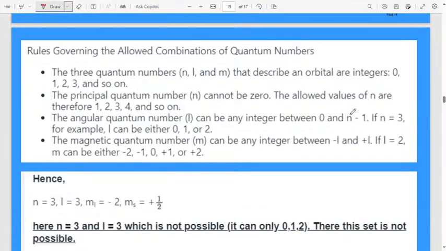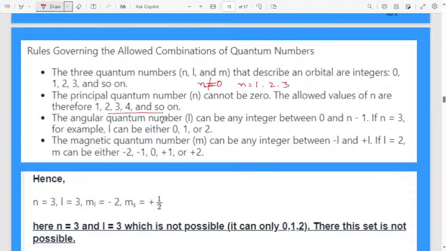Then next one, rules. The three quantum numbers n, l, m that describe the orbitals are integers such as 0, 1, 2, 3, etc. The principal quantum number cannot be 0. N cannot be 0. N starts from 1, 2, 3. Allowed values of n are 1, 2, 3, 4 and so on.